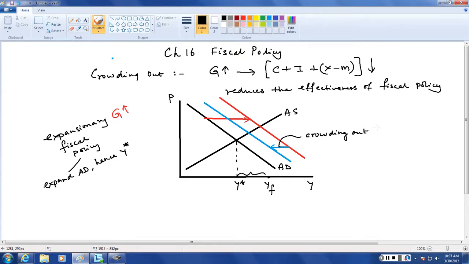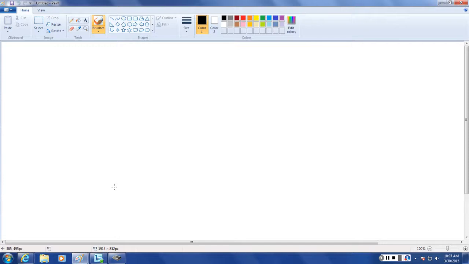So this is what we learned in class last time. So what are we going to do now? We're going to get into some details of fiscal policy. Now, fiscal policy can be broken up into two types. Once again, recall that fiscal policy is in the hands of the government or the Fed. Can somebody answer that? Who's in charge of fiscal policy?